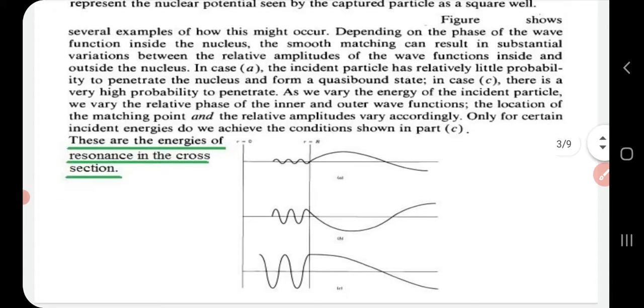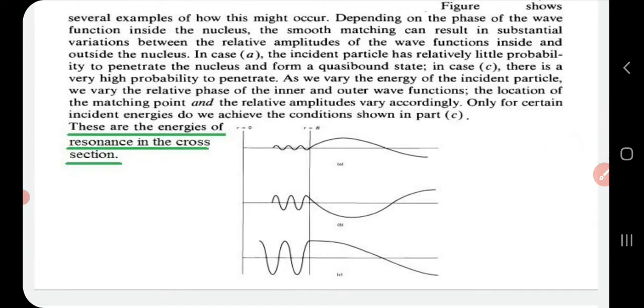In case A, the incident particle has a little probability of penetrating through the nucleus and forming a quasi-bound state. In case C, there is a high probability of penetration.